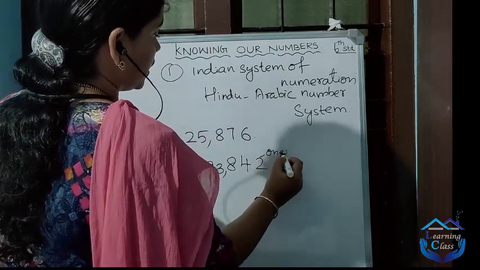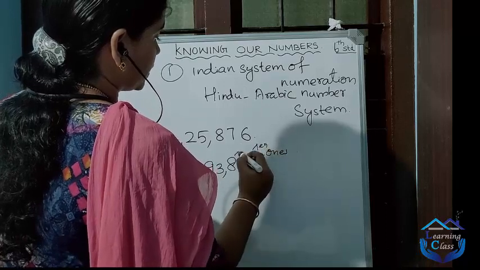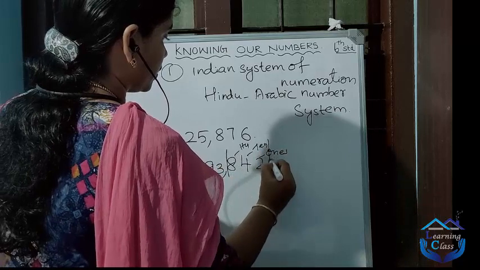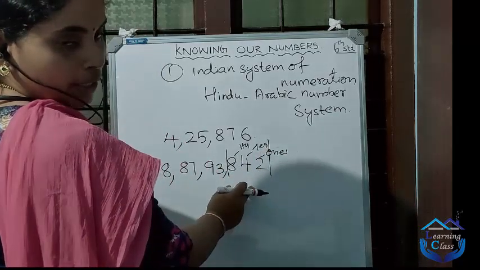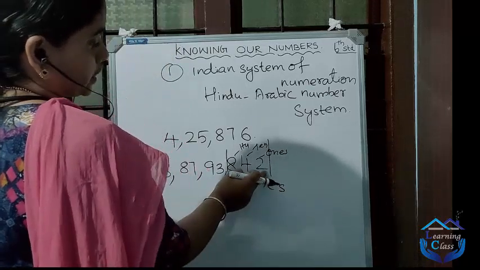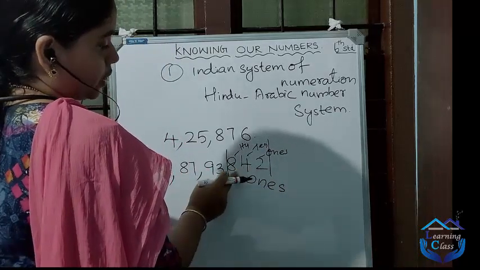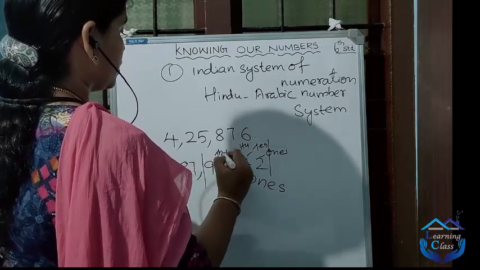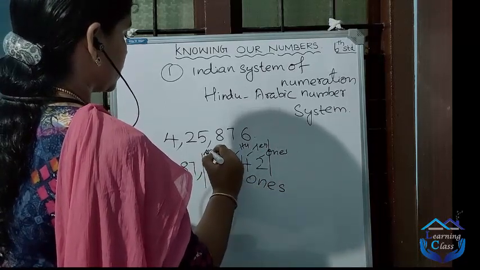And this is ones, this is tens, and this is hundreds. Okay, this period is called ones period, the first 3 digits. This is 1000 and 10,000.